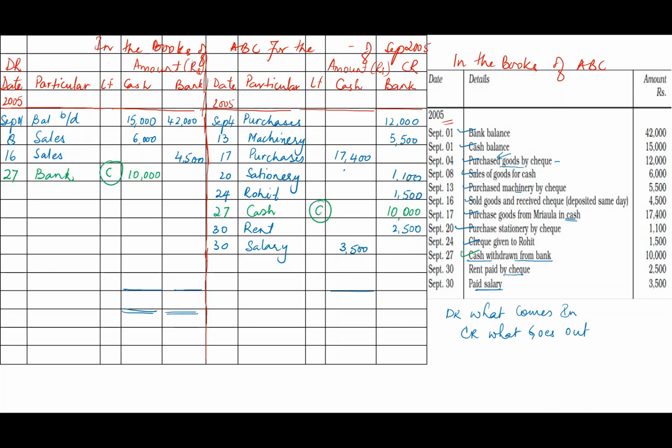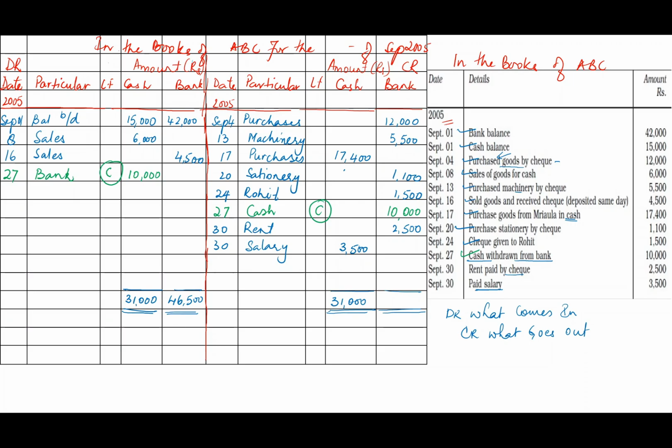And this side. When you see which side has more amount, you should total that first. So I see this side has 10, 20, 31,000 and bank is 46,500. So I would write it here 31,000.